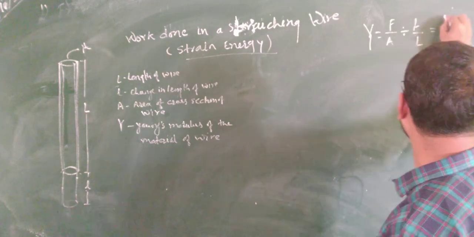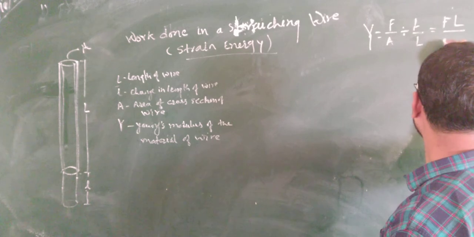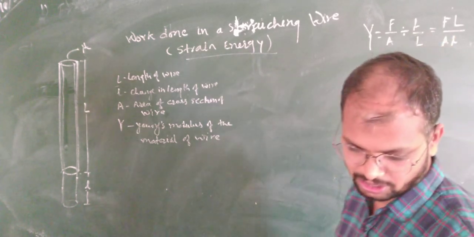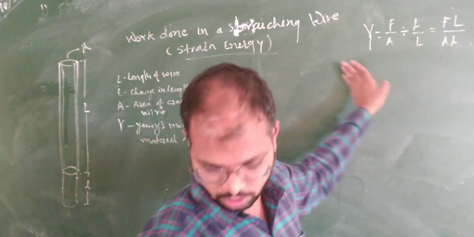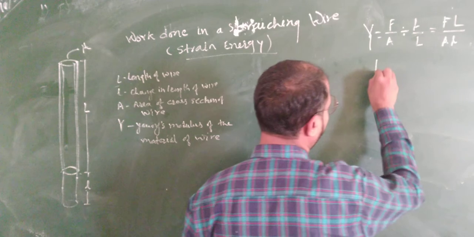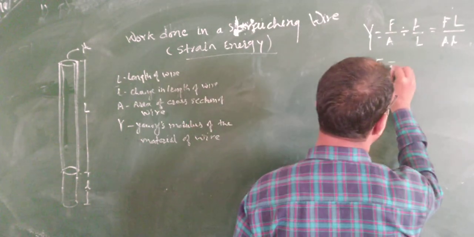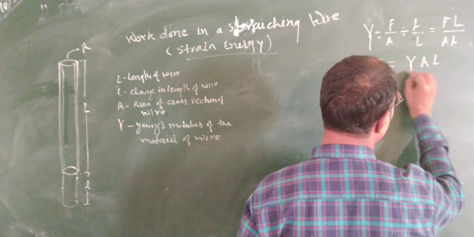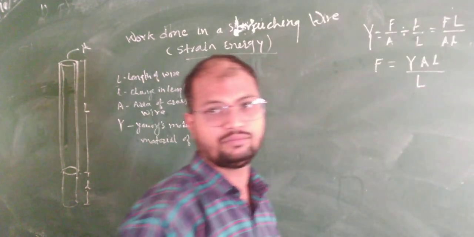It should be F into capital L upon A into small l. So this is the equation of Young's modulus. From this we can say that force equals Y into A into small l upon capital L.